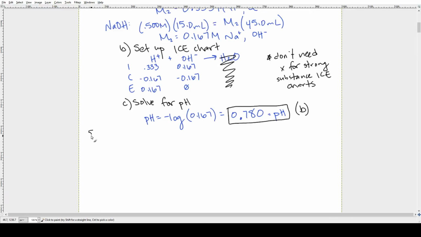Okay, now we're moving on to step 5. We're going to solve for the pH after 30 milliliters of NaOH have been added.